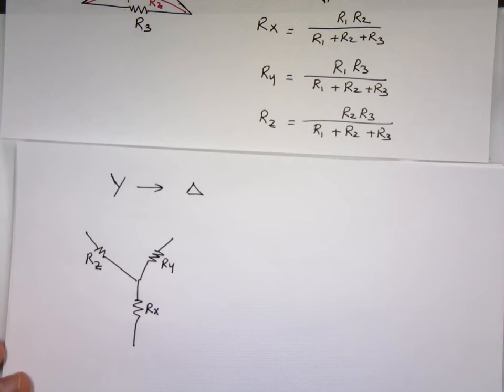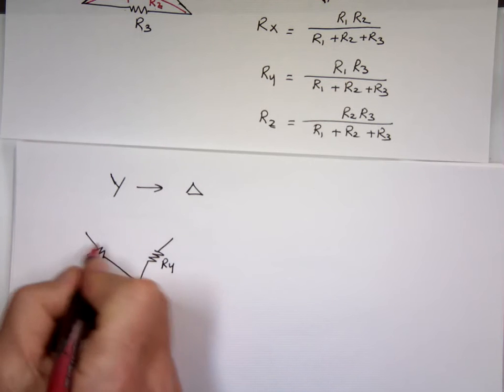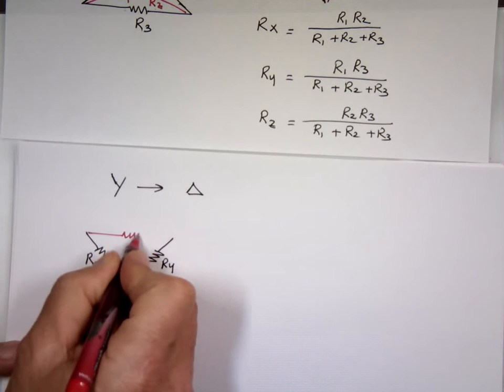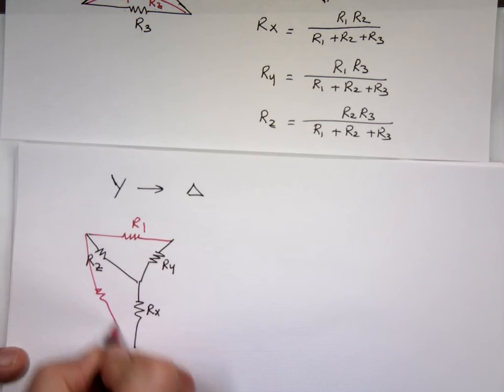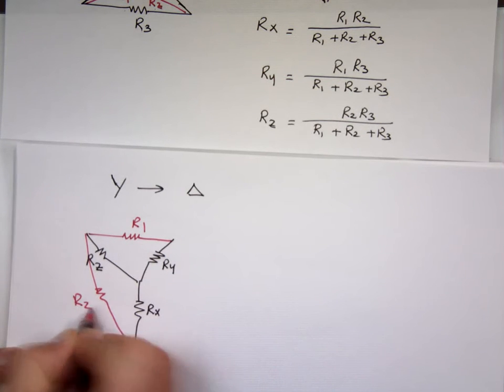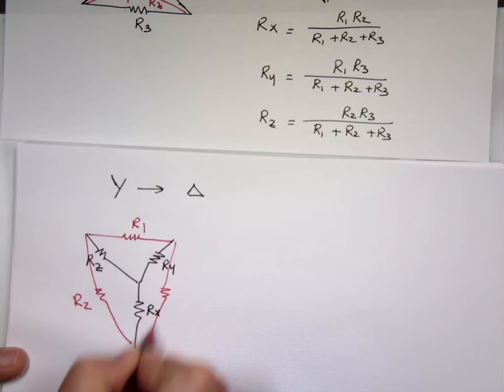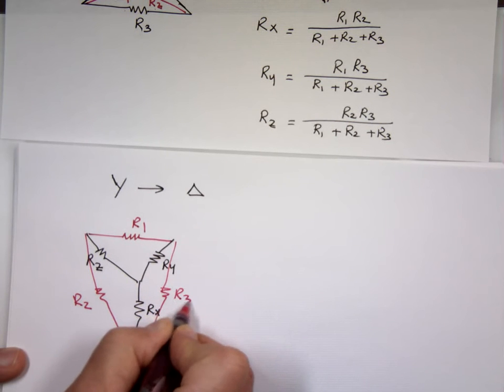And you want to convert that to a delta. Delta will be like this: R1, R2, R3.